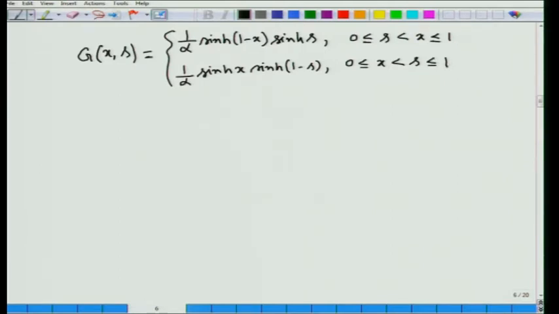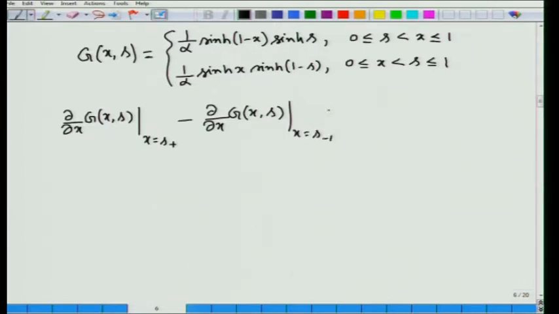Now, here if we apply the jump discontinuity of the derivative along the line s equal to x, then we can find ∂/∂x of g(x,s) at x equal to s plus minus ∂/∂x of g(x,s) at x equal to s minus, this is equal to minus 1 by 1, because here p(x) is equal to 1.